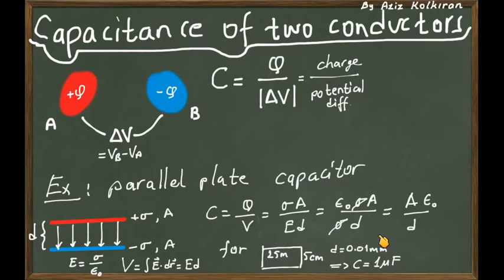If you keep the distance between them 0.01 millimeters, then you can reach a capacitance of 1 microfarad. Well, this is approximate, I think. Okay, so for 1 microfarad, you must have 25 meters of aluminum plates.